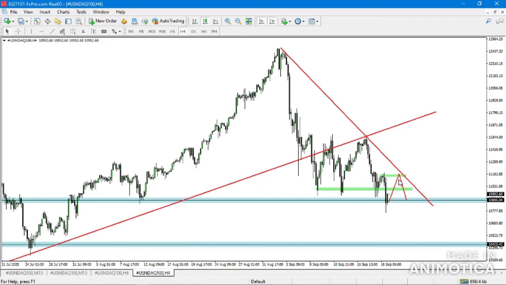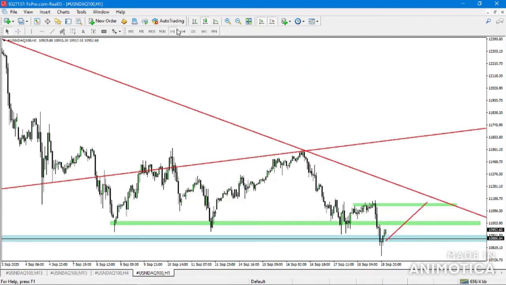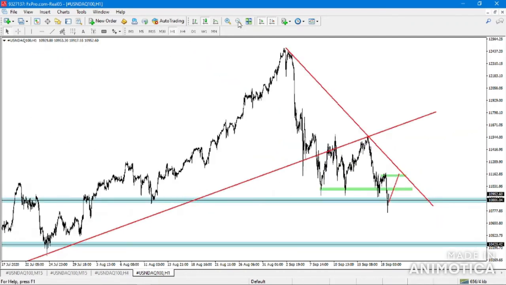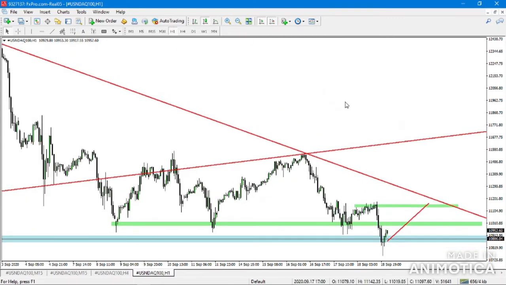Let's just head down to the 1 hour, see what we can expect. Yeah, so let me just remove this. Yeah, so like I said, as you can see, NAS is currently approaching this level right here. Just draw this properly.